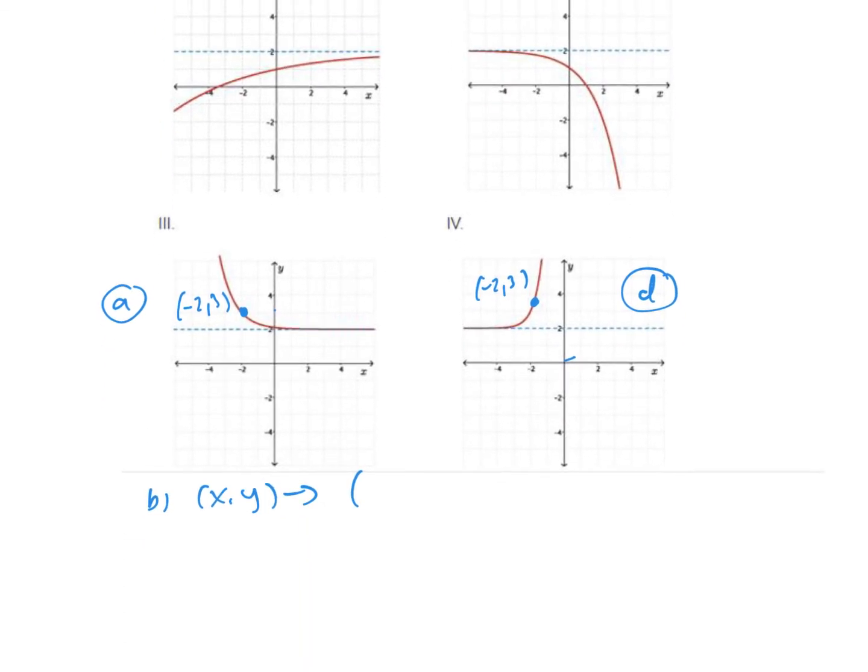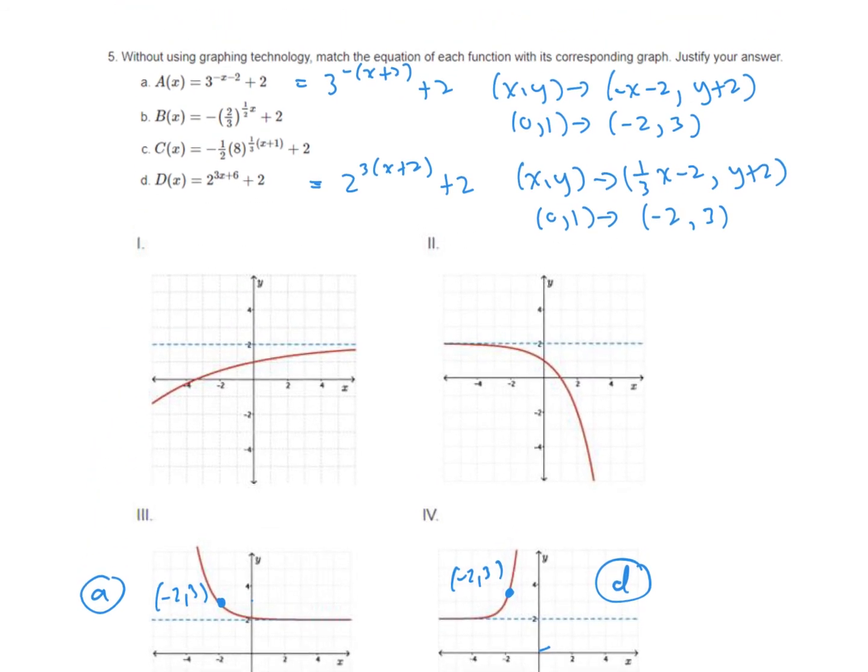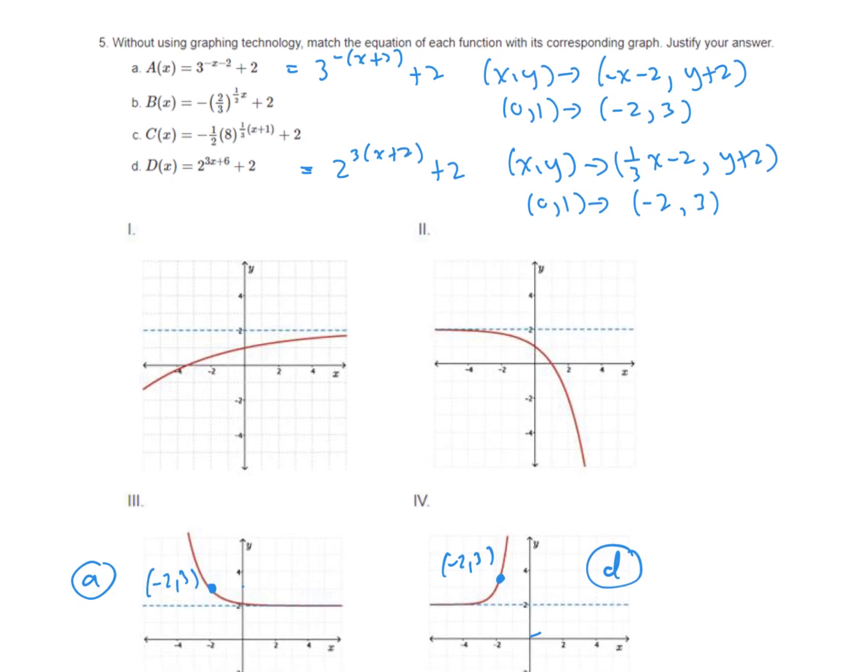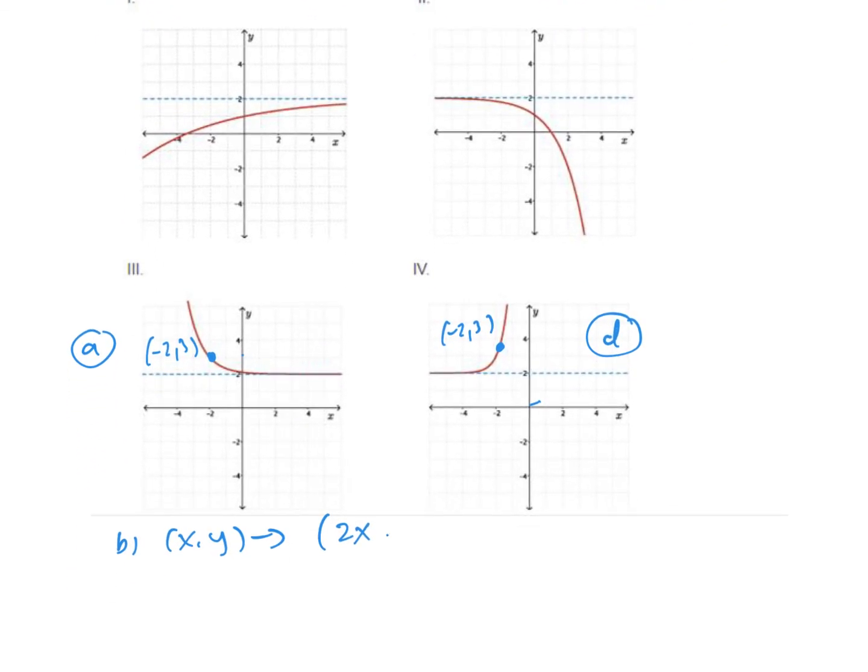So we'll write that here. Sorry, my pen's not working great. So it's horizontally stretched by 2, and then it has been vertically reflected and shifted up 2. So it's been vertically reflected and shifted up 2.